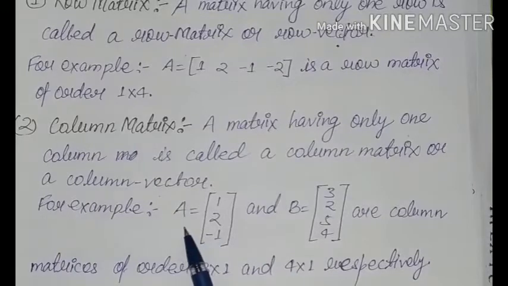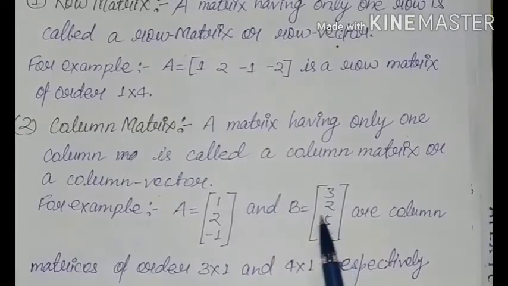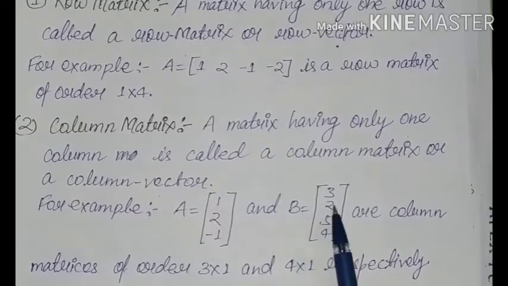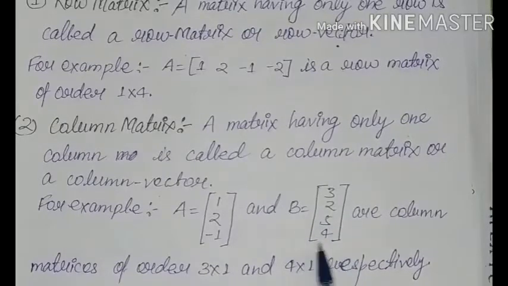In the matrix A there are 3 rows and one column, that's why its order is 3 by 1. In the matrix B there are four rows and one column, that's why the order is 4 by 1.